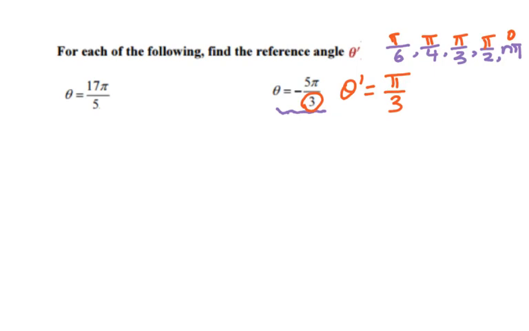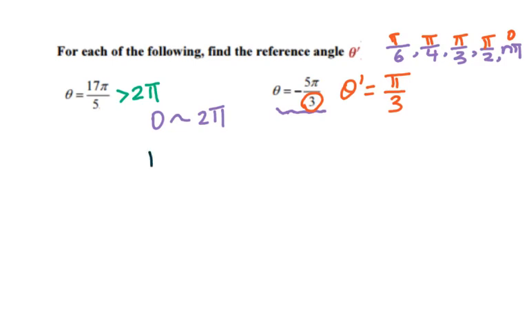So for theta equals 17 pi over 5, since it's greater than 2 pi, I need to subtract 2 pi to make sure the coterminal angle is between 0 and 2 pi.